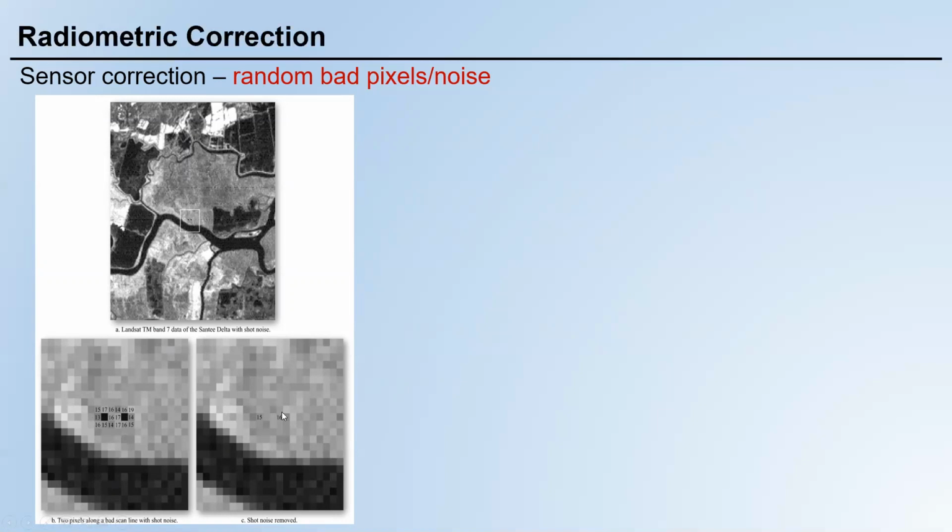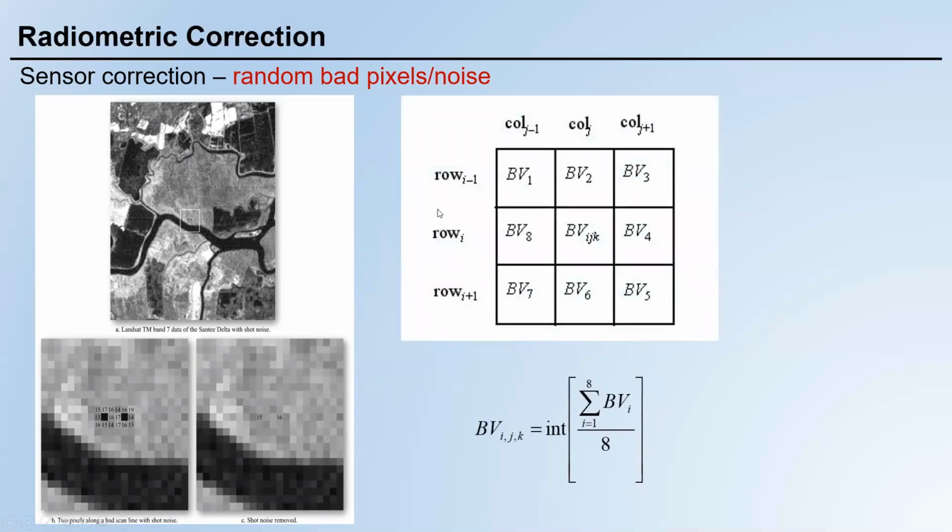On the right side we have the same image after sensor correction. So how did I do that? It's very simple. We open a window which covers a bad pixel and make that bad pixel the central pixel of this window. Here is a window, a 3 by 3 pixel window.